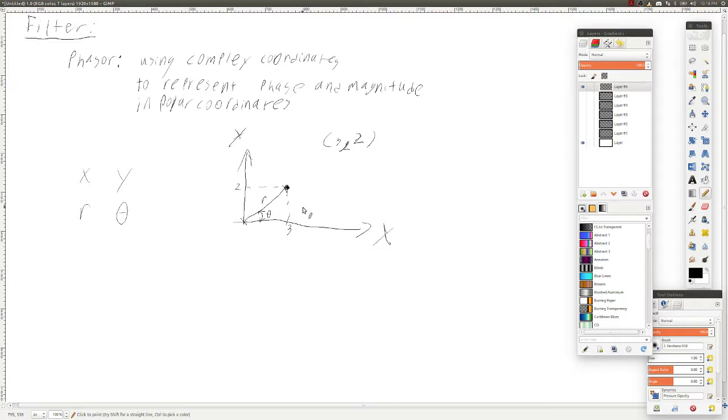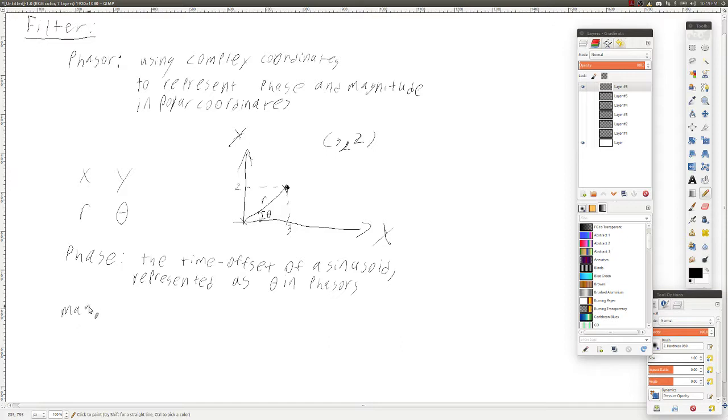And to get our magnitude and phase, phase is the time offset of a sinusoid, represented as theta in phasors.